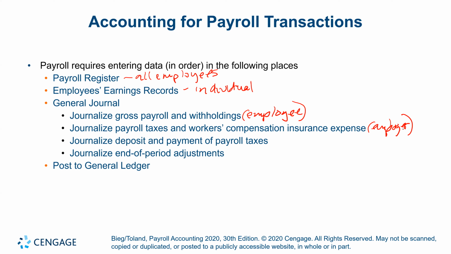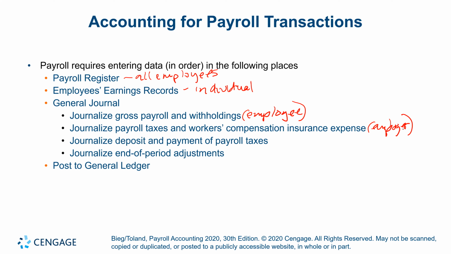Journalize deposit and payment of payroll taxes. For example, when we did the first entry, we credited FICA payable $50 or whatever. So to journalize the deposit and payment, we would debit FICA payable and credit cash. And then end of period adjustments. We've done these plenty of times together before.